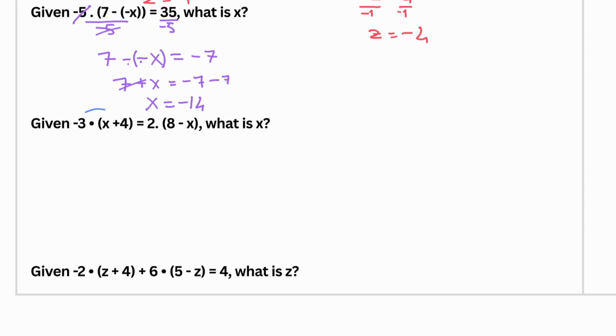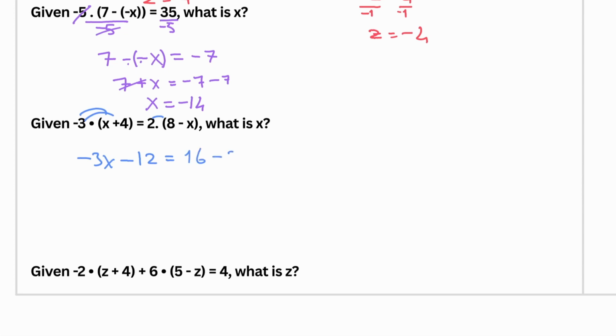How about we distribute these in the parentheses, right? Because think about it. If I divide both sides with negative 3, we have x on both sides, so it wouldn't make much sense to do that. I think it would be a lot easier to just distribute. So, negative 3x, negative 12 equals 2. So we did that.